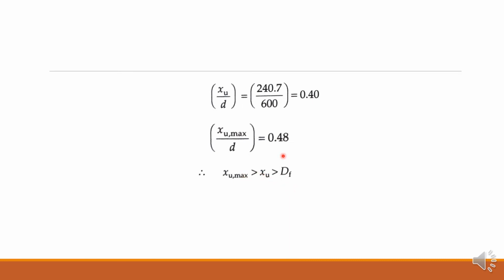So xu max is greater than xu, and xu by d is 0.4. Also we have to compare DF by xu, that is 120 divided by 240.7. That will be equal to 0.498, which is greater than 0.43.